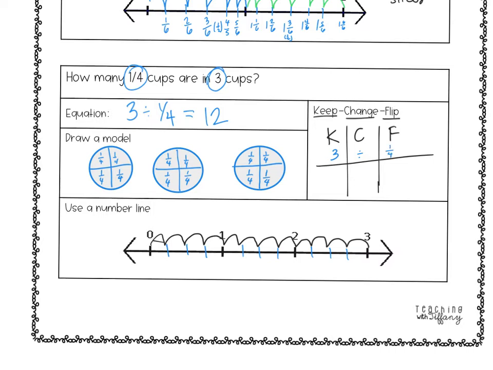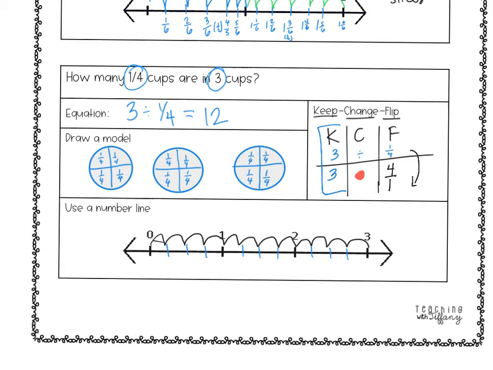And the very first thing that we do is we keep our first base, leave the number the exact same, so it stays a 3. And then we change our symbol from division to multiplication because we're not actually going to divide. We're going to multiply our fraction. And then we write the reciprocal for 1/4. So we flip that, and that just becomes 4/1.